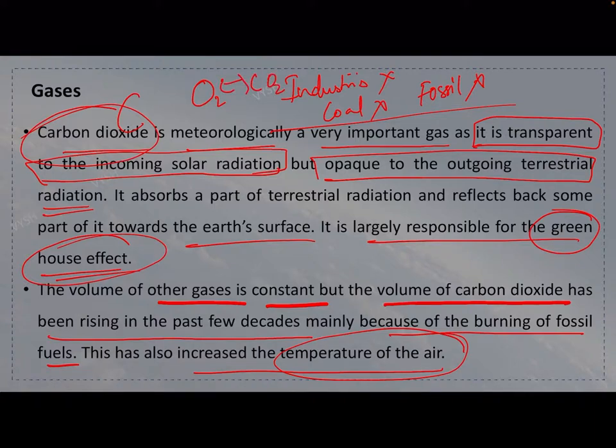The carbon dioxide was being produced by human beings, and the same thing was being absorbed by the plants also. So there was a kind of balance. But now, because of fossil fuels, industries, coal and all that, the CO2 level is increasing tremendously, which is causing global warming, okay.